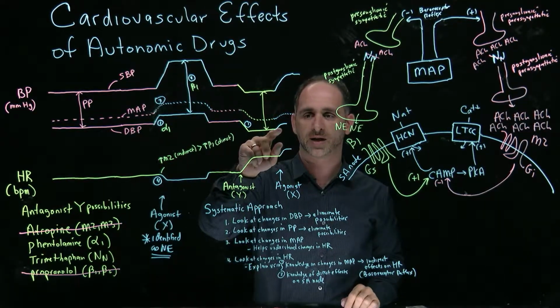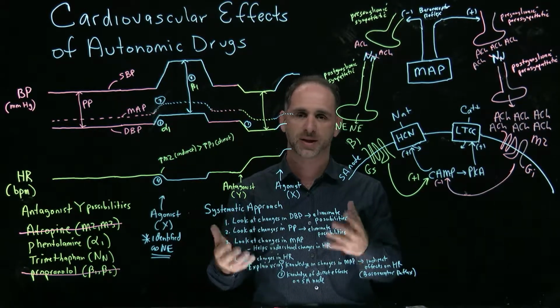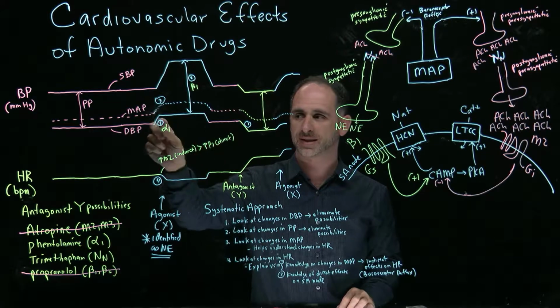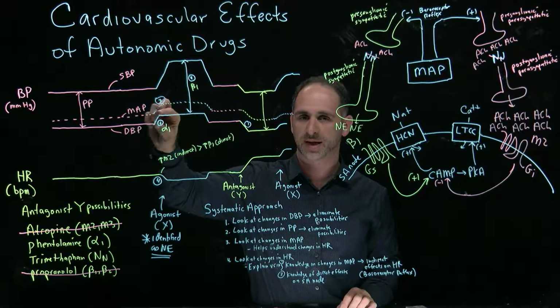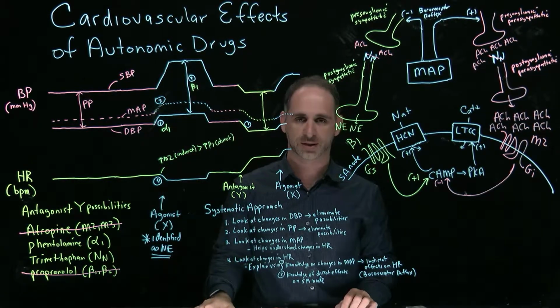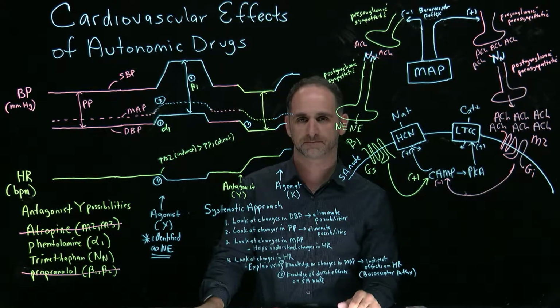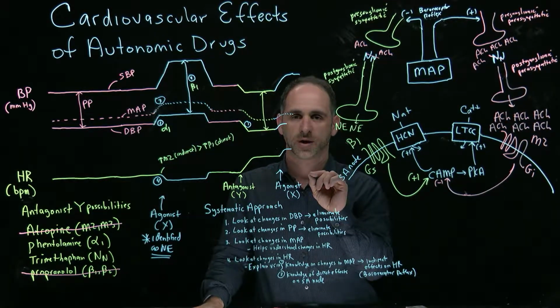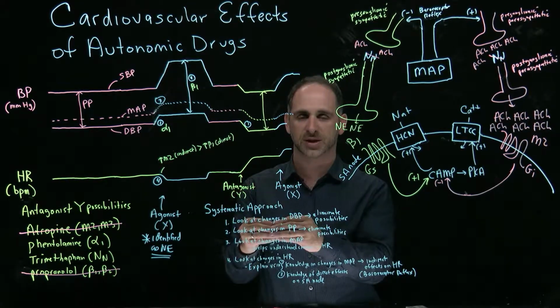Now, I could have made it also flat to show that it's completely blocked. You know, sometimes it depends on the dose that's given, but what we see is that there's a change. The change is that the diastolic blood pressure is not going up the same way that it did the first time. That immediately tells us that it has to be phentolamine. All right? If it was trimethaphan, trimethaphan blocks the NN receptors.